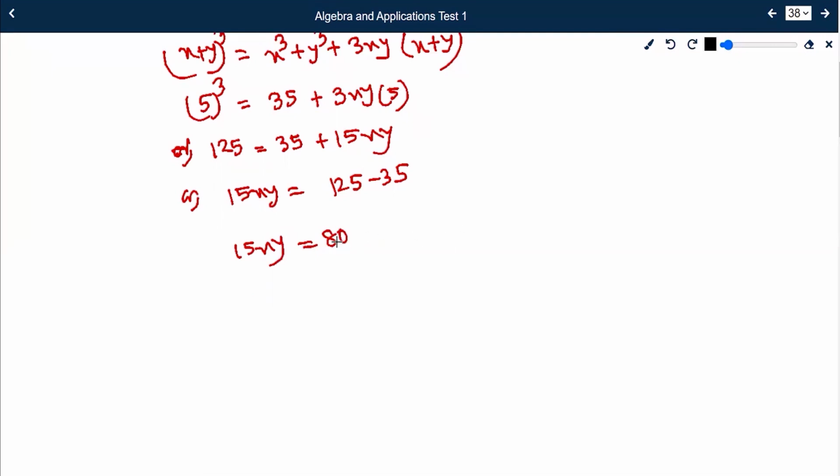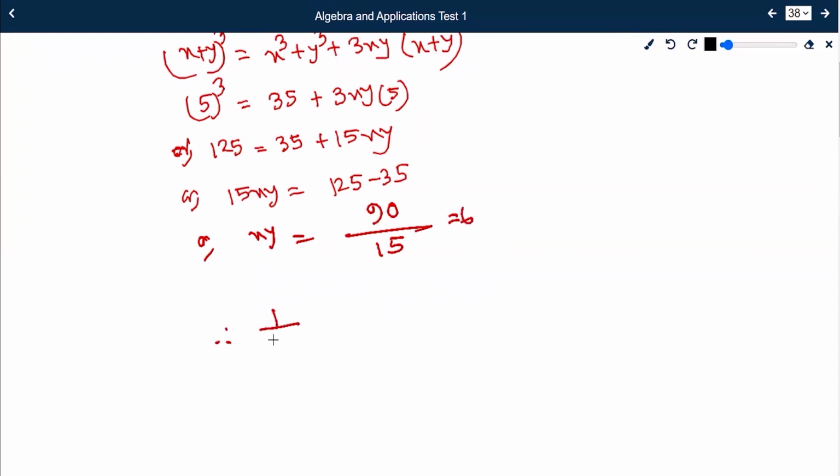Sorry, it should be 90. So yes, the value of xy is 6, correct?